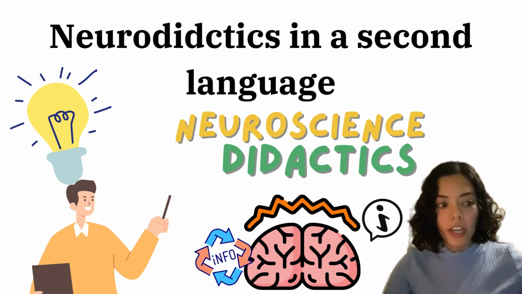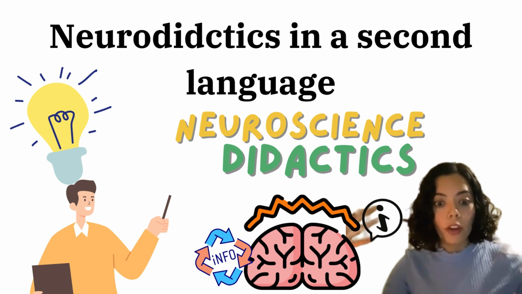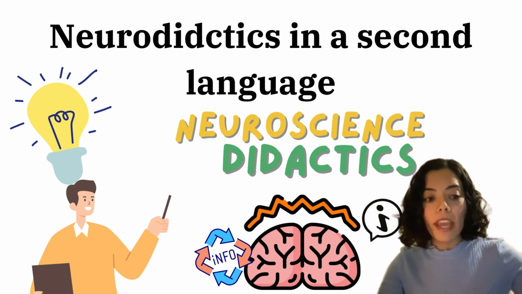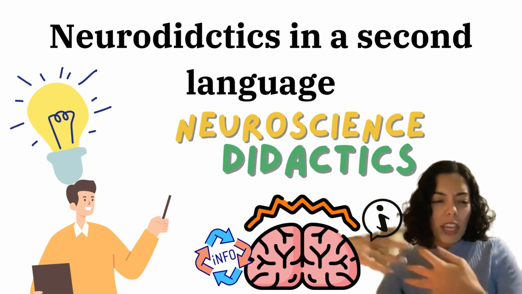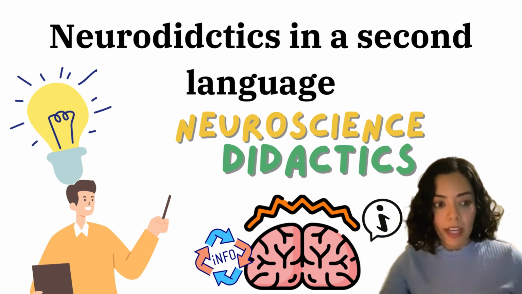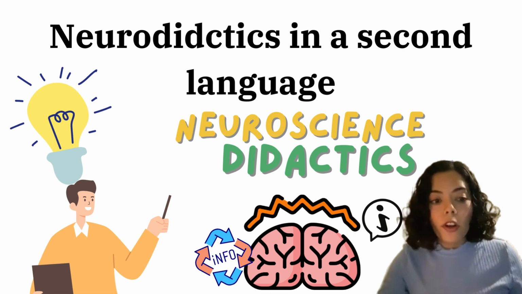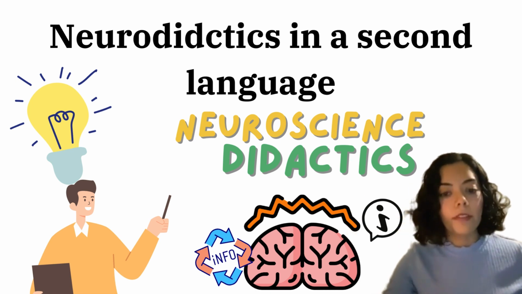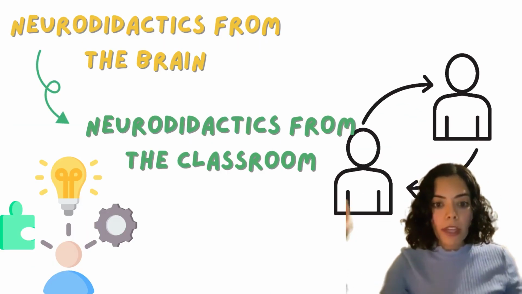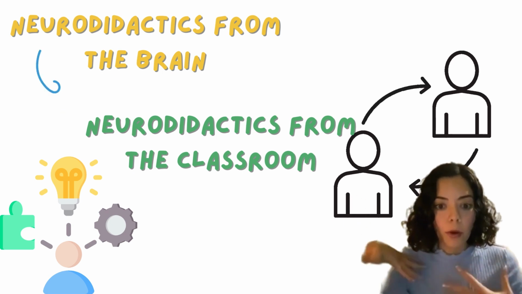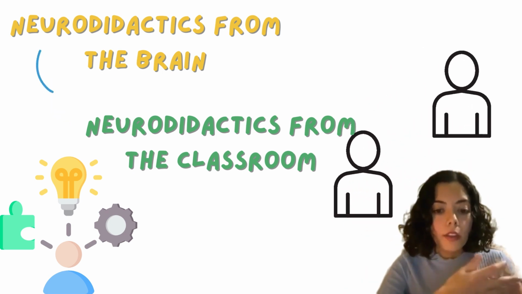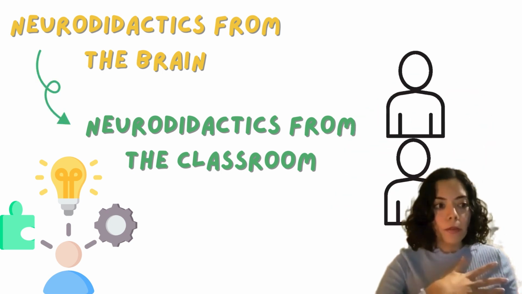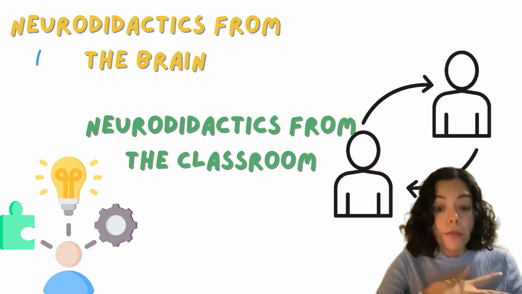This is the learning, the ability to store the information in order to be able to retrieve this information when it's necessary to make associations or to apply it in an activity, such as our skills or more abilities we have. So when we have the neurodidactics from our brain establish our skills, our abilities, there's going to be a transfer in the classroom that is called neurodidactics for the classroom.